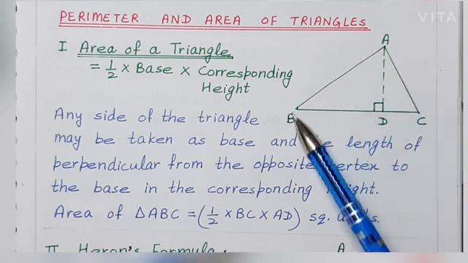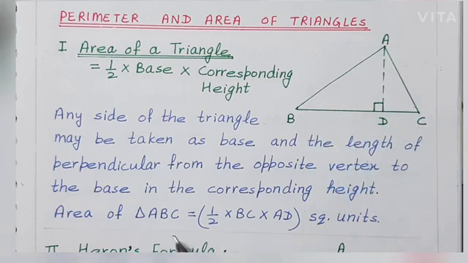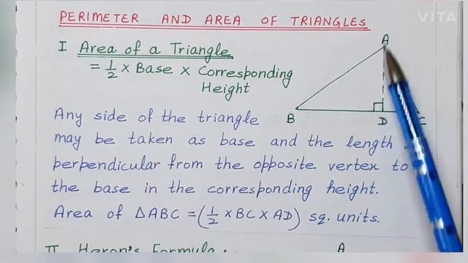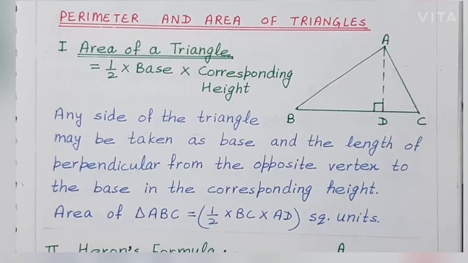So in this triangle, area of triangle ABC is equal to half into BC into AD square units. Students, this formula we have already done in the previous classes, so you will find it very easy to apply.